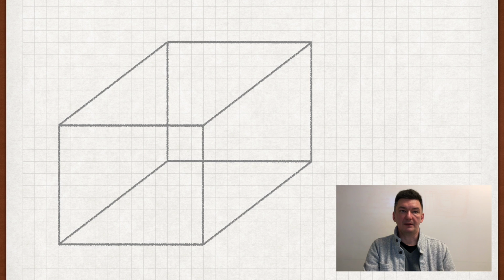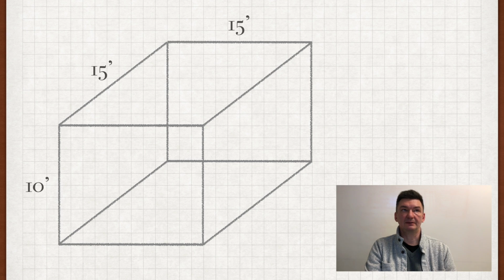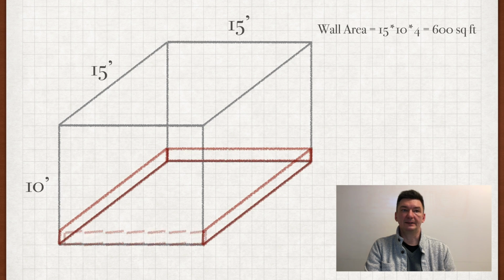Let's take a look now at room number 3. The wall dimensions are the same as room number 1, 15 by 15 by 10. The wall area is the same as room number 1, 600 square feet. But this room has baseboards. The painting area is smaller. It was reduced by the area of the baseboards.